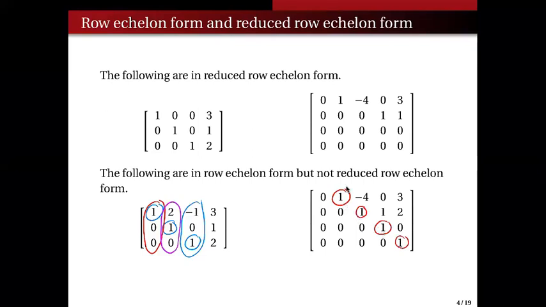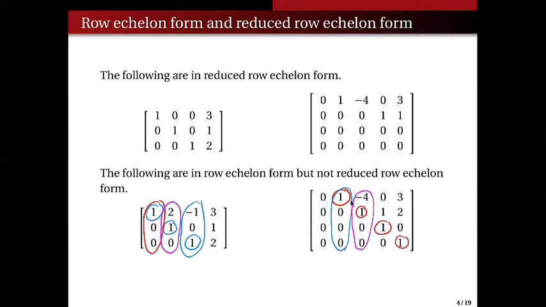We now look at the columns of the leading ones. We have this column, this is the leading one, and we have this column, and all the other entries are zeros. For this leading one here, we look at this column, but notice you have a -4 in here.